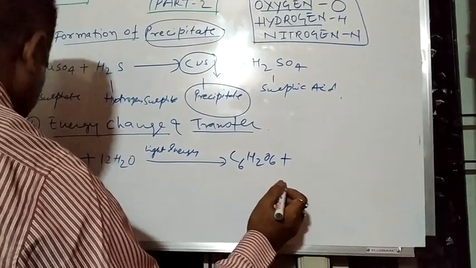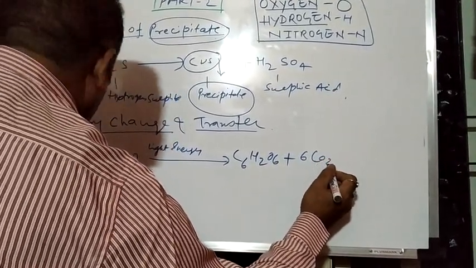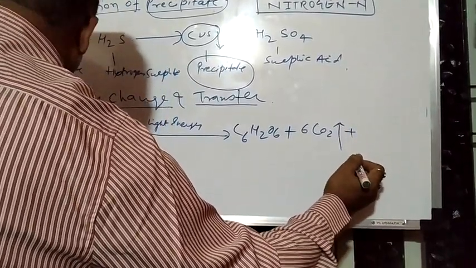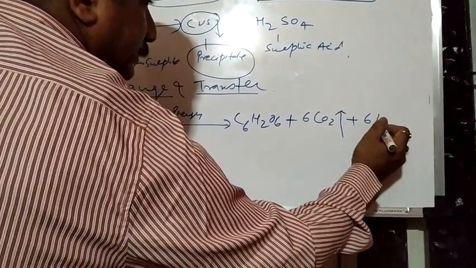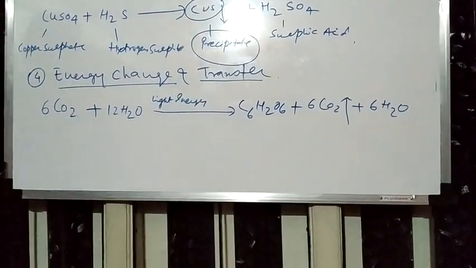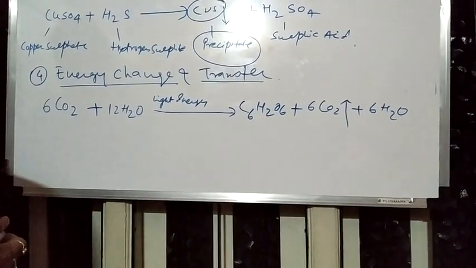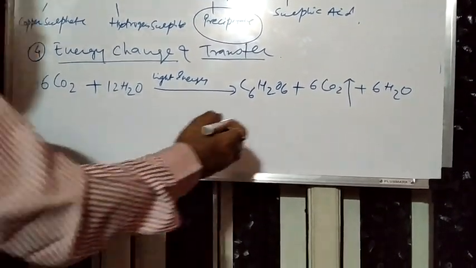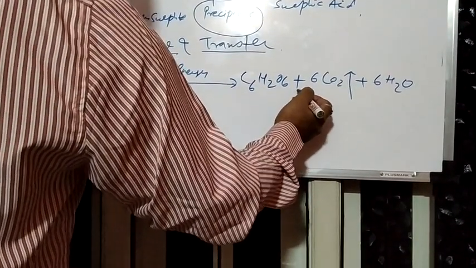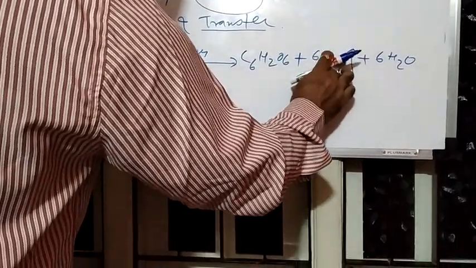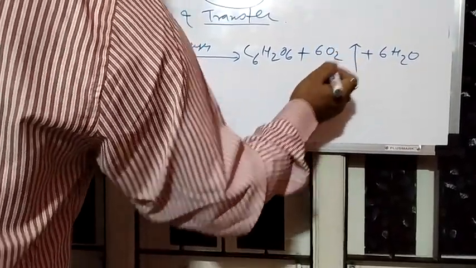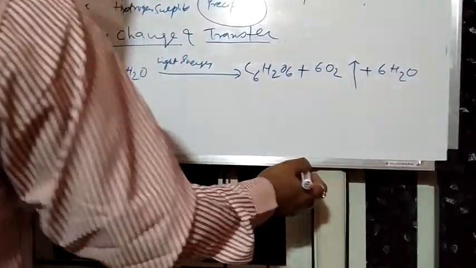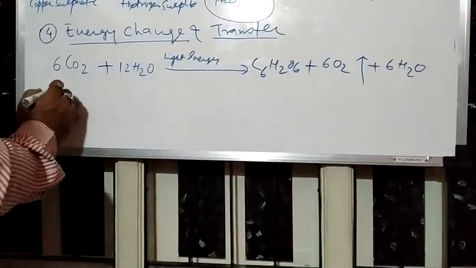C6H12O6 plus 6 O2 is getting out, then 6 H2O.